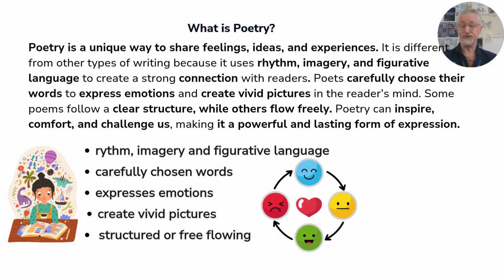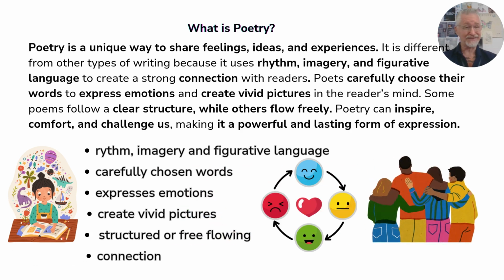It can be structured or free-flowing, and it's about connection. So the important phrases, words, and concepts within the paragraph are rhythm, imagery, and figurative language, carefully chosen words, expresses emotions, creates vivid pictures, it's structured or free-flowing, and it provides connection.